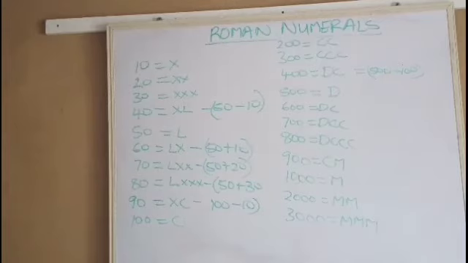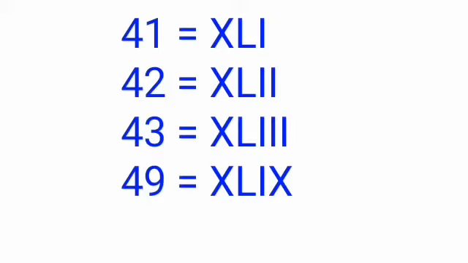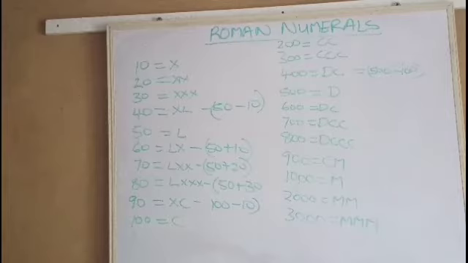That's why you have XL. So 41 is XLI, 42 is XLII, 43 is XLIII. If you are looking at 49, 49 is XLIX. So it's just adding to it. You can add whichever one you are looking for.